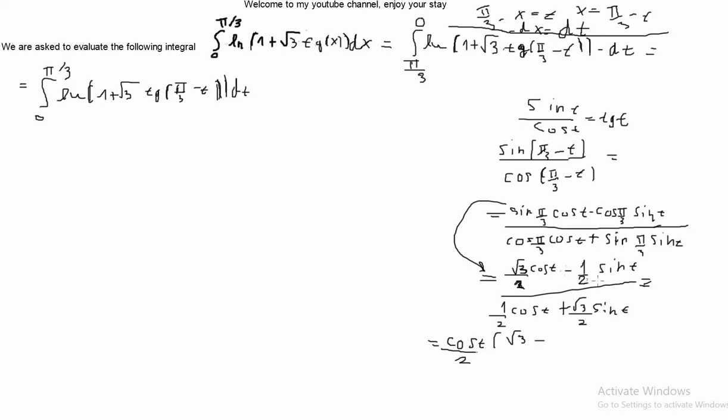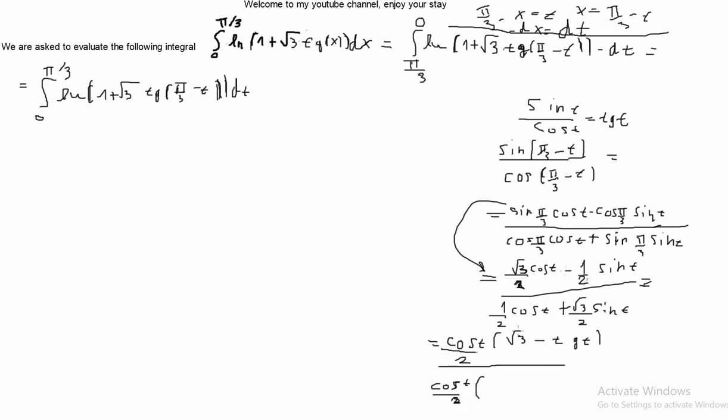I factored something that isn't there, so it should be sine of t over cosine of t. That's tangent of t. And over, I will do the same on the bottom: cosine of t over 2.